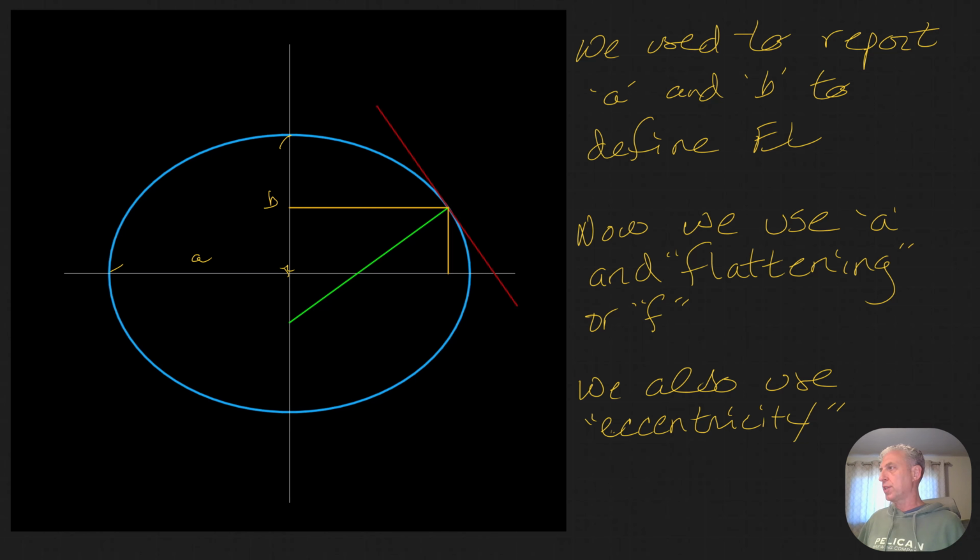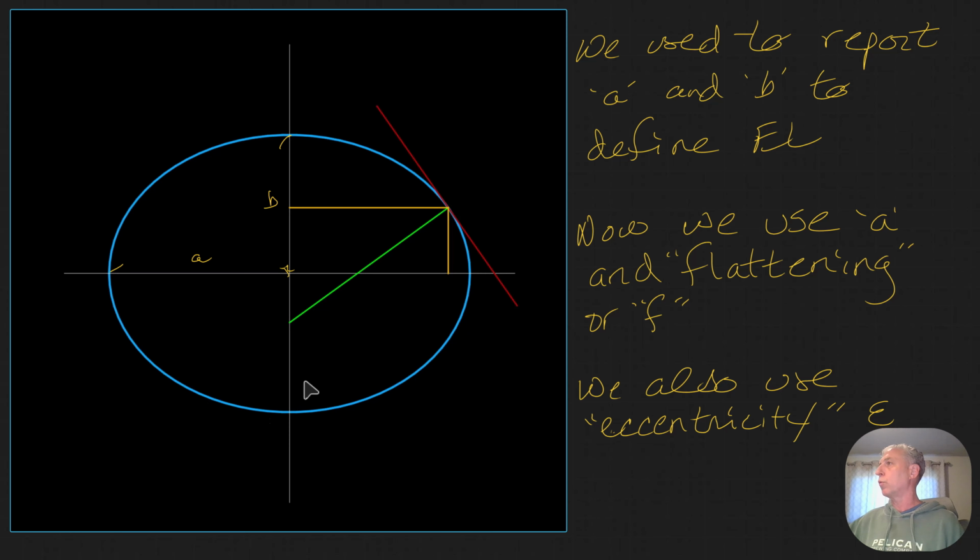We'll see that in just a second. For eccentricity, I'm going to try to use epsilon because our book uses epsilon. However, many resources use little e for eccentricity. I may screw up and interchange those, so I'll try to be consistent using epsilon, and if I use e, it'll be obvious from the context.